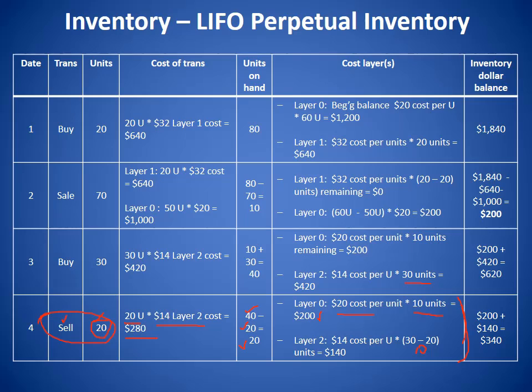That means $140. So you can see our layers are the $200 layer 0 and the $140 layer 2. So the total value of our inventory is $340.